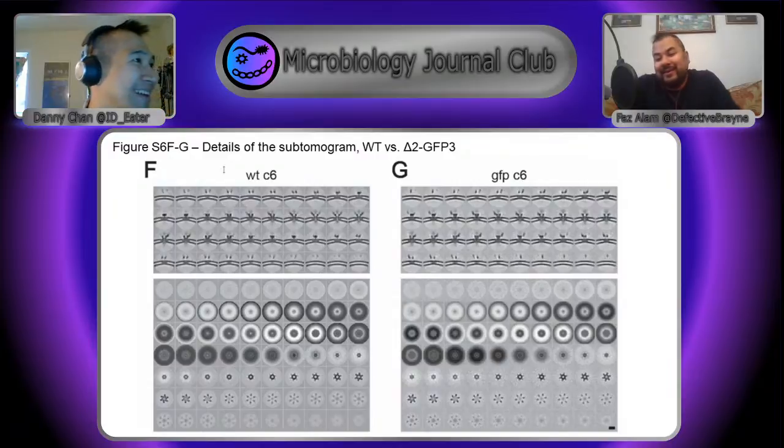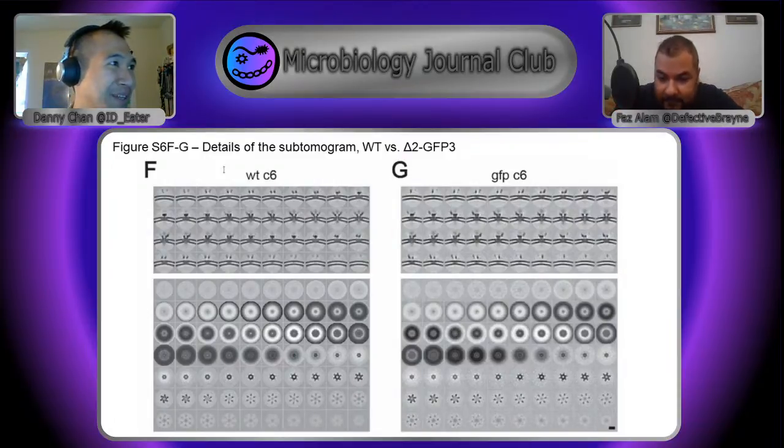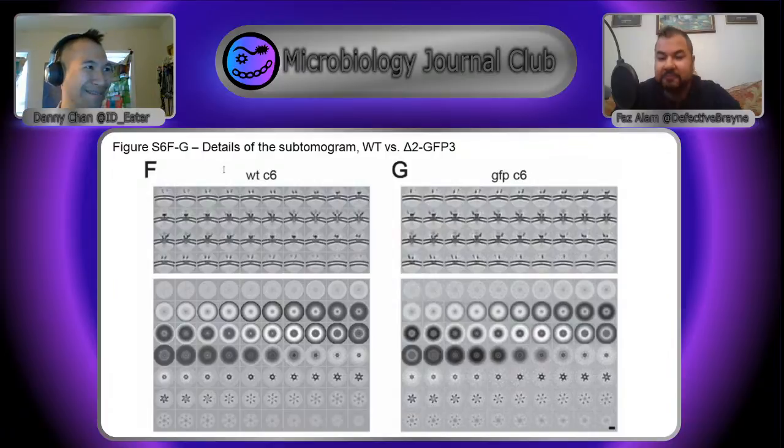I'm looking at a magic eye picture and kind of crossing my eyes trying to see where they fit together. For me, in the second row, near the end, the last 3 images look pretty different between F and G. Something's changed there. Yeah. There's more action happening on the F side.